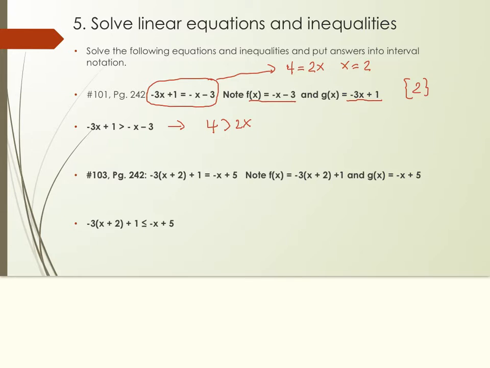So now I divide both sides by 2, and I get 2 is greater than x. Well, what does that mean for interval notation? Can x be a negative number? Yes, because it is less than 2. In other words, we rewrite this as x is less than 2. So in interval notation, we get negative infinity, comma, 2 with the open end.